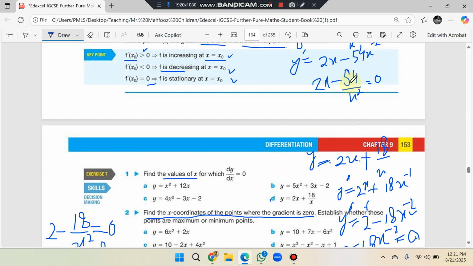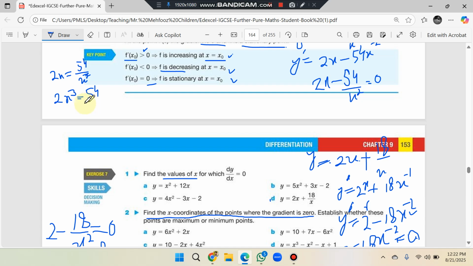First of all, this minus 54 over x square goes to the other side, so it becomes 2x is equal to 54 over x square, and this x square goes to the left side, so it becomes 2x cube is equal to 54.